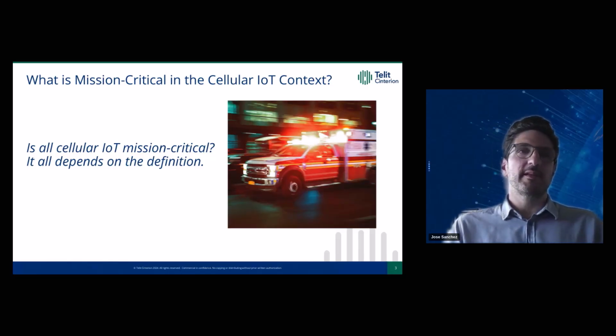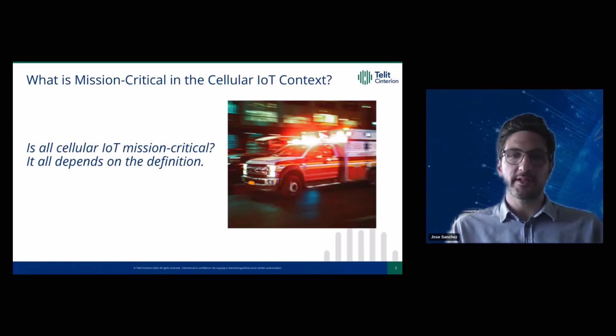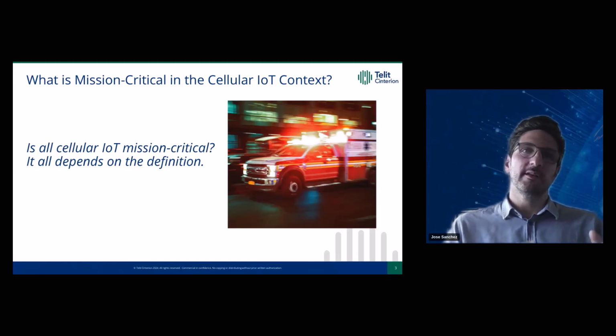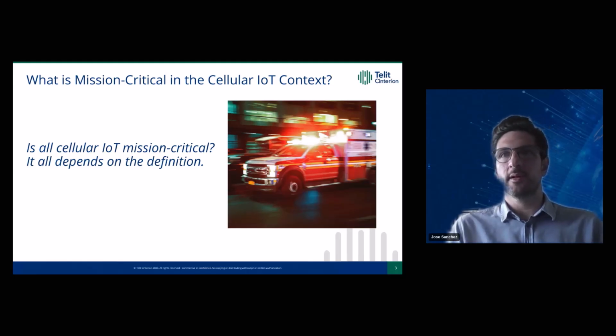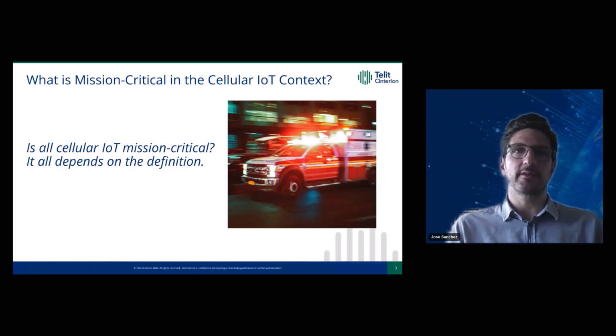This means that companies developing IoT applications need to understand and address the specific needs of critical IoT applications in the specific context of cellular communications. There are specific technologies that can be used to improve the availability and resilience, and in turn to deliver the expected quality of service in this mission critical context.